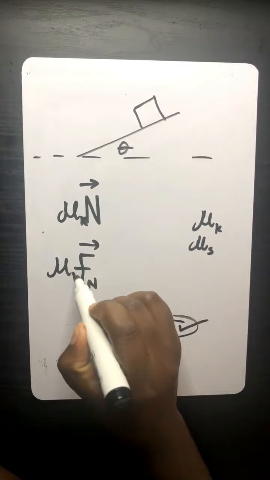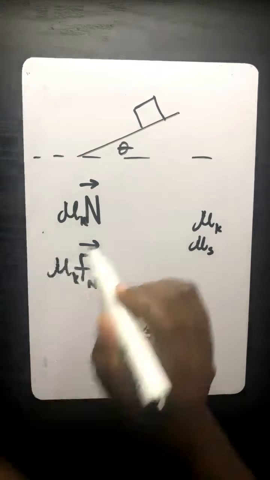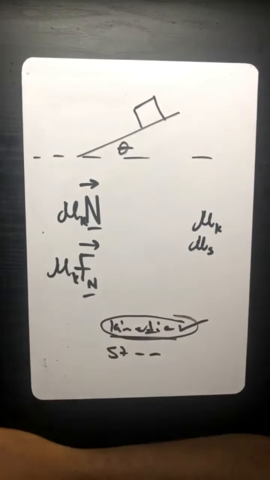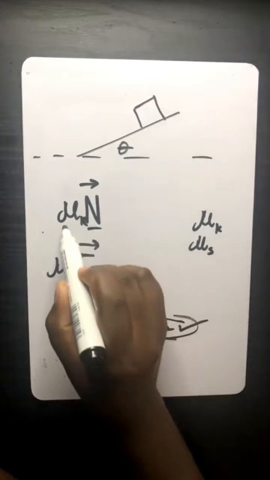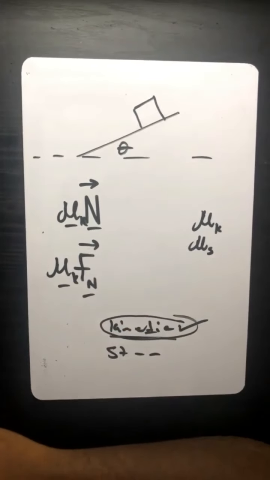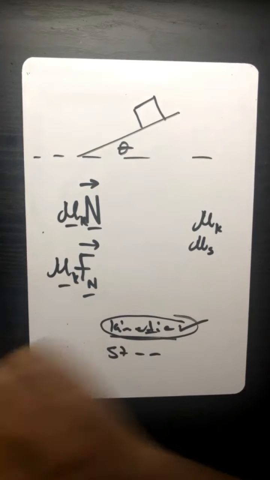I'm saying the normal force is being multiplied by the kinetic coefficient of friction. Why do we have to multiply the normal force, guys? The main reason is for us to find the frictional force. That's it, guys.